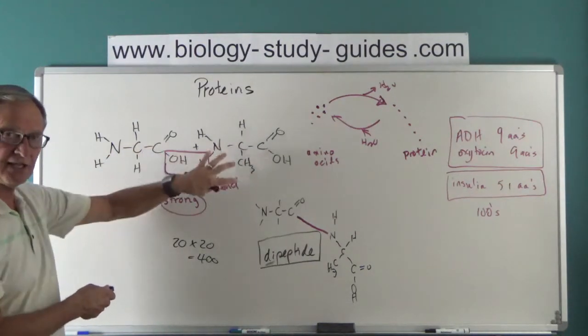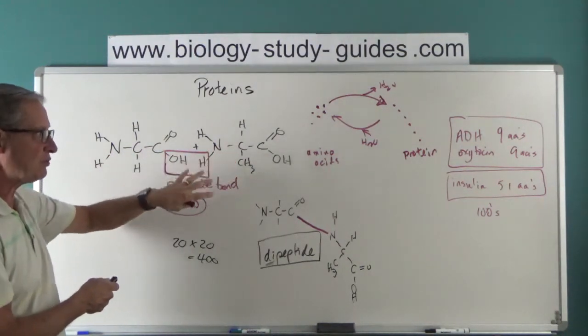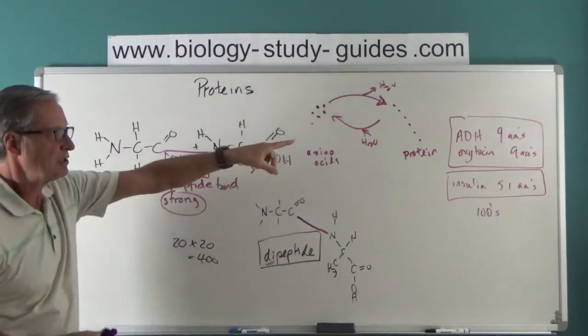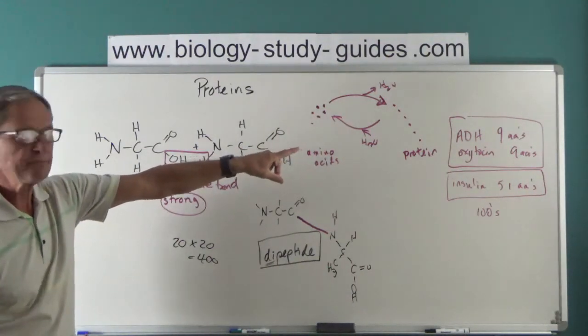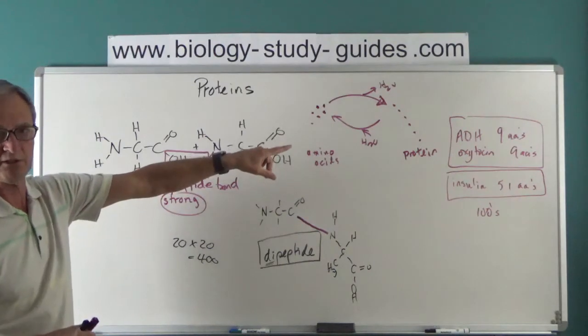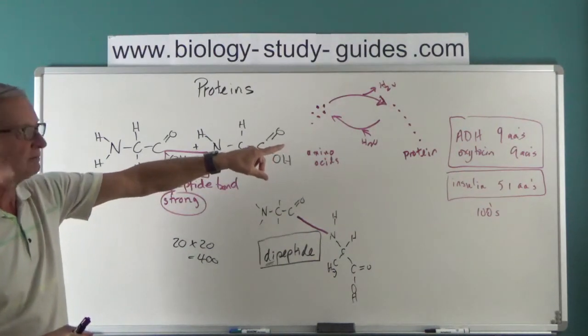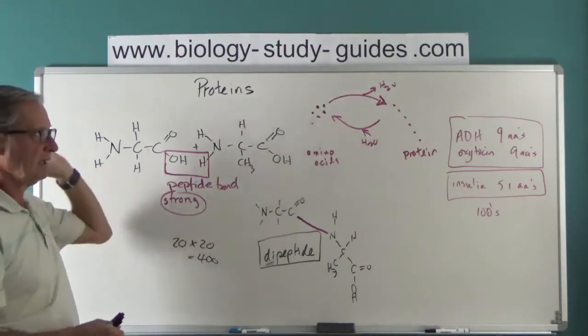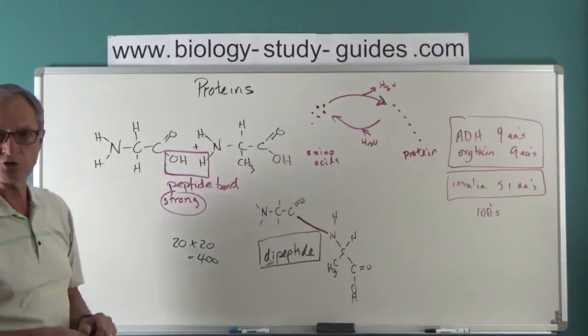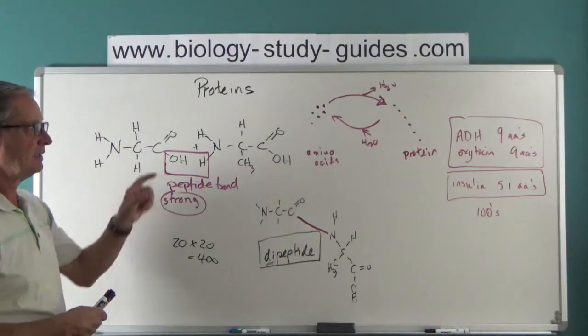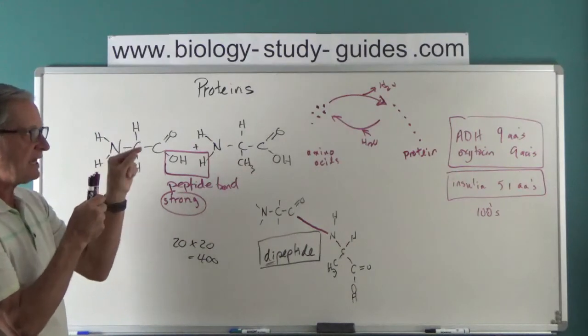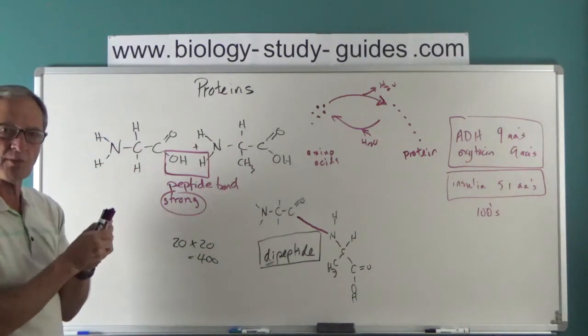You get a protein, and this is what I was leading up to. Talking about ADH and oxytocin, 512 million possibilities. Right? If you do the math, 20 times 20, 9 times, 512 million possible combinations. ADH is one particular combination.